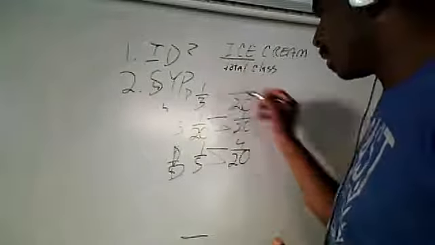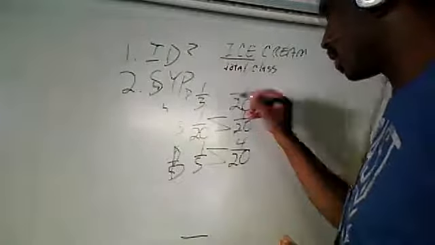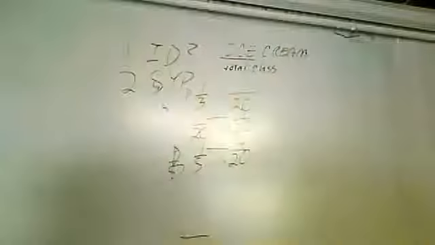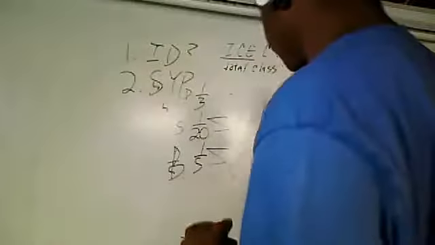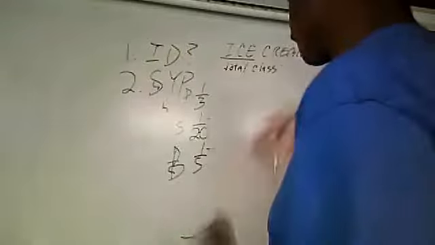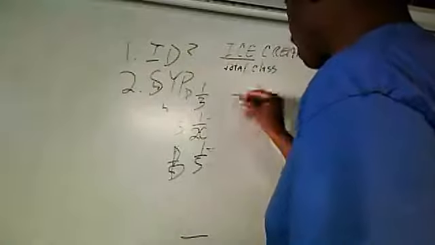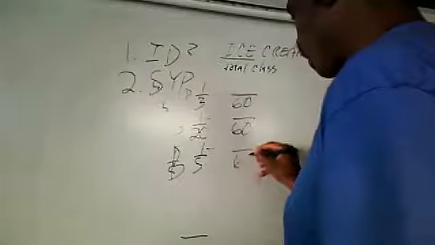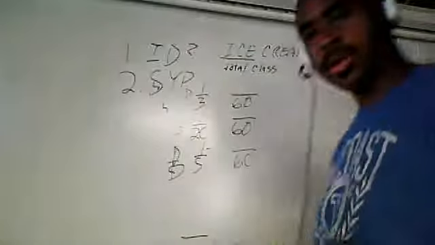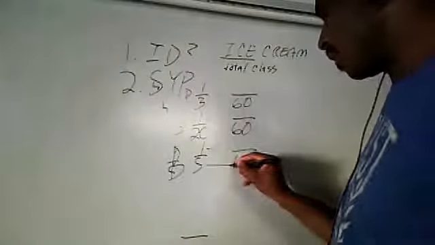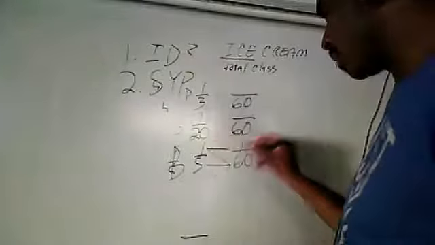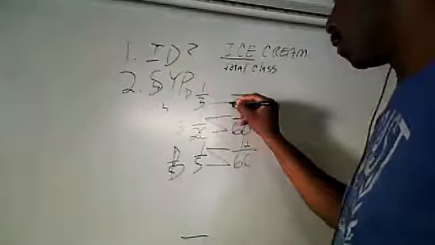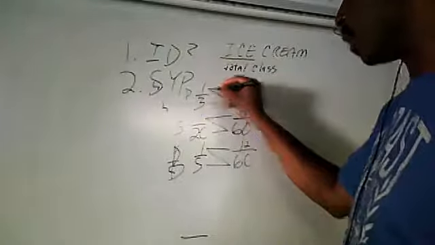And oops, sorry, the LCD will actually be 60. Excuse me. I have lessons elsewhere that cover how to get the lowest common denominator, but I'm just going this route to make it quicker. 5 goes into 60 12 times. 12 times 1 is 12. 20 goes into 60 3 times. 3 times 1 is 3. 3 goes into 60 20 times. 20 times 1 is 20.